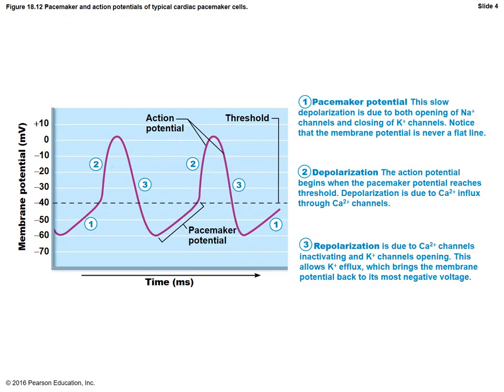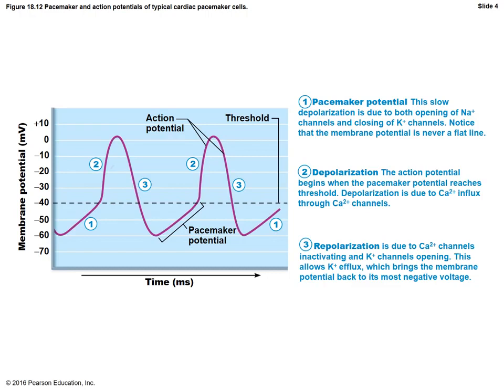This is showing on this graph that in step one, you've got that pacemaker potential, so sodium slowly moving in, potassium gates close. And then if you follow the line, it's becoming a little bit more positive. Reaches about -40, that's depolarization, that action potential begins. Boom, they reach that threshold point.